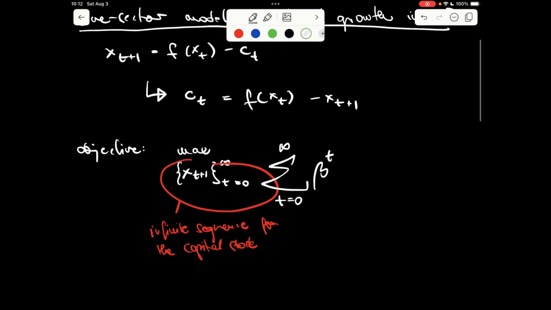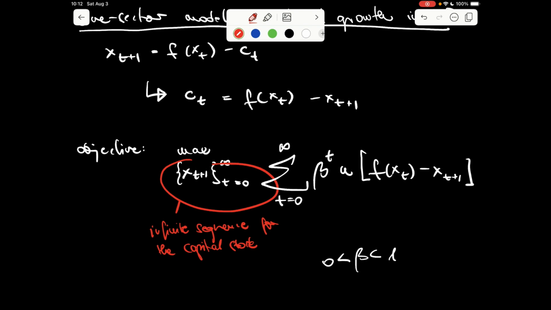Beta is the discount factor, of which we assume that it falls between 0 and 1. And we have a utility function with the stated characteristics.